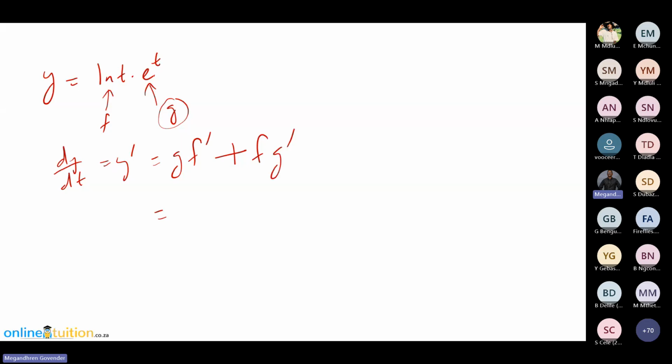So the second function is e to the t. The derivative of ln t, as you said, is 1 over t, plus if f is ln t, keep ln t constant, and if you differentiate e to the t, you get e to the t. So you can tidy up and say e to the t into.